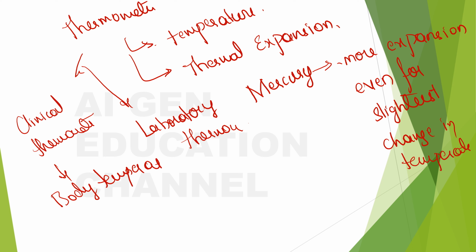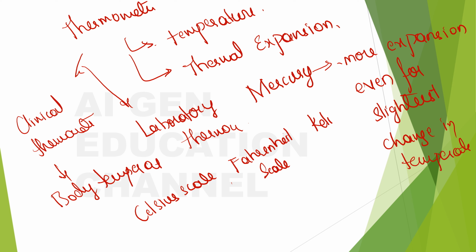So these thermometers use different types of scales. What are these scales? Celsius scale, next Fahrenheit scale, and Kelvin scale. All these scales will have two reference points. What are those?